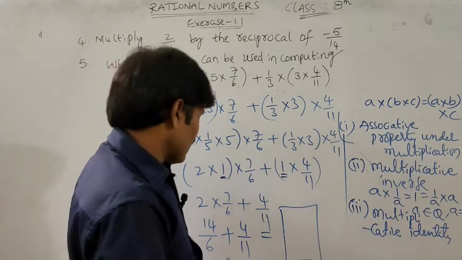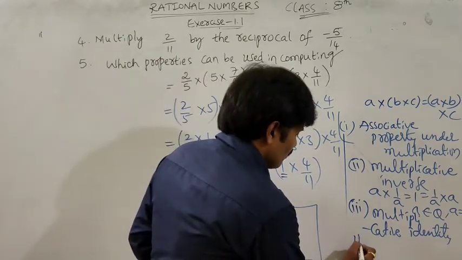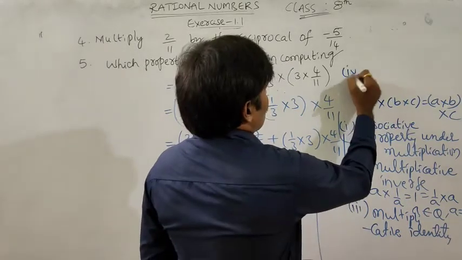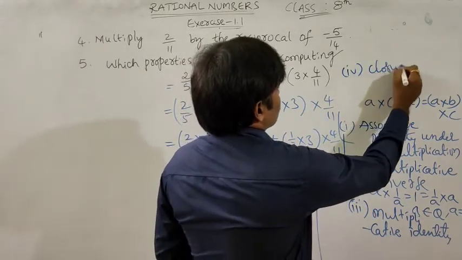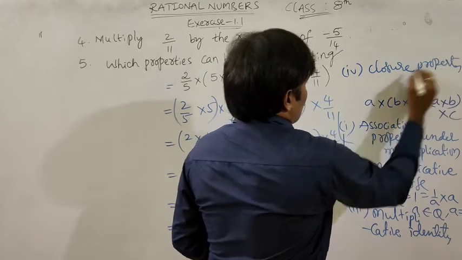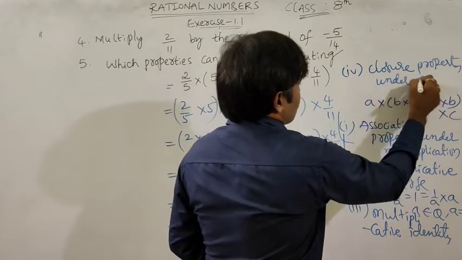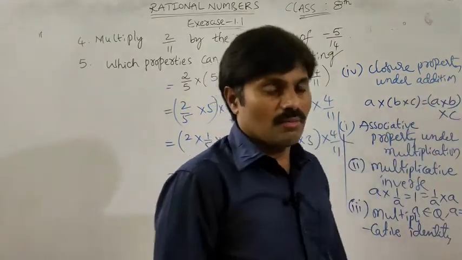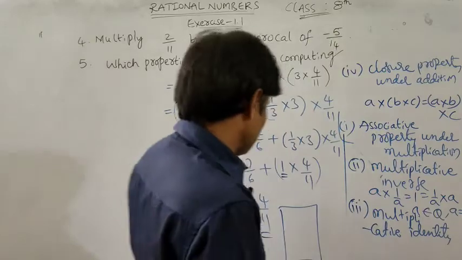Closure property under addition. The fourth one we are going to apply here is closure property under addition.